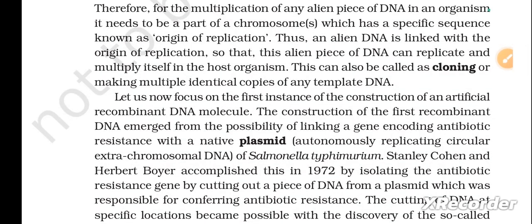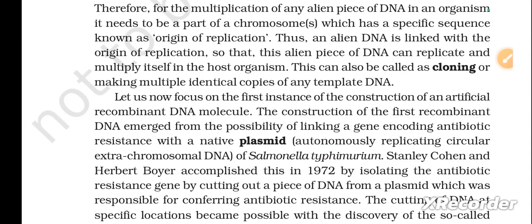Let us now focus on the first instance of the construction of an artificial recombinant DNA molecule. The construction of the first recombinant DNA emerged from the possibility of linking a gene encoding antibiotic resistance with a native plasmid, that is, autonomously replicating circular extrachromosomal DNA of Salmonella typhimurium.